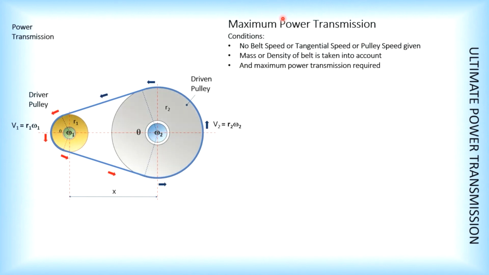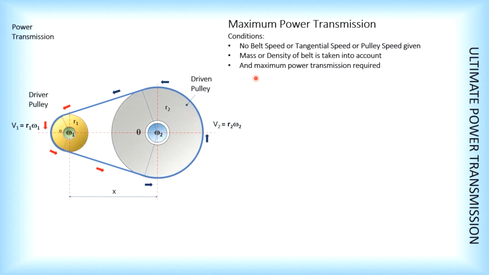We have to take note when we solve problems. The problem should not have given us any belt speed, tangential speed, or pulley speed. The second thing is the mass or density of the belt is taken into account, so that means TC is being taken into account.